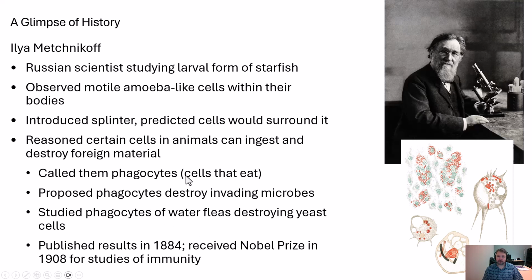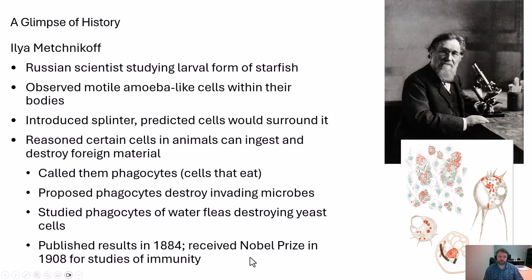He didn't just look at starfish, but he also found some Daphnia, or water fleas, which are also transparent, and introduced yeast and bacteria to them, and found that indeed water fleas, just like starfish, have these amoeboid-like cells, these phagocytes, that go around consuming microbes that have been introduced.